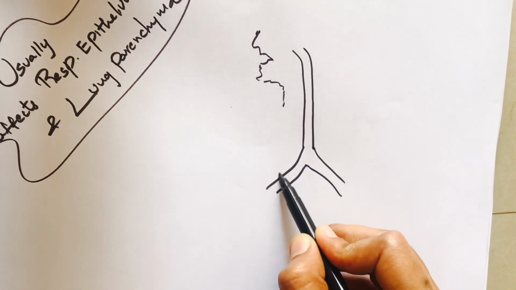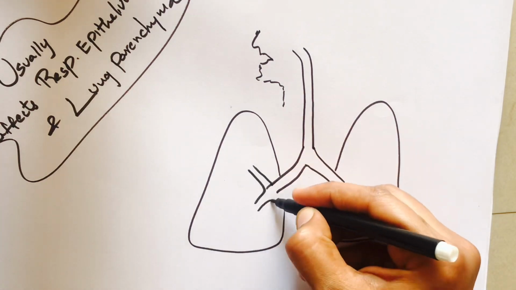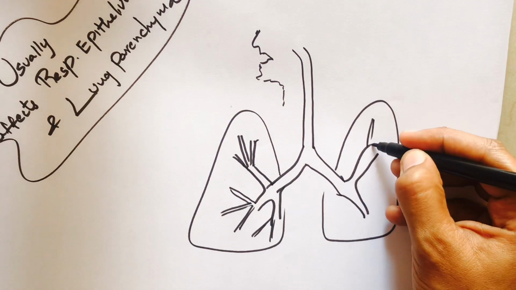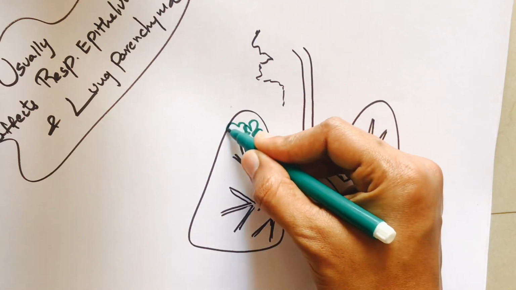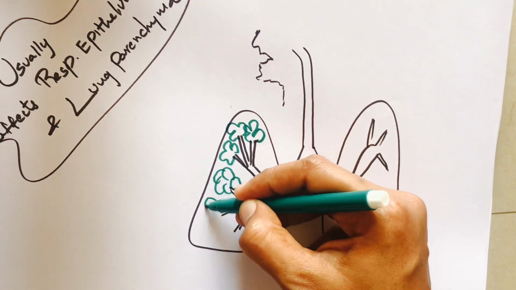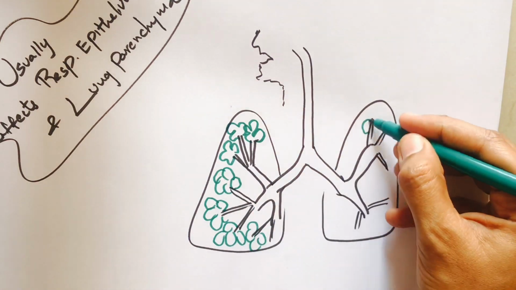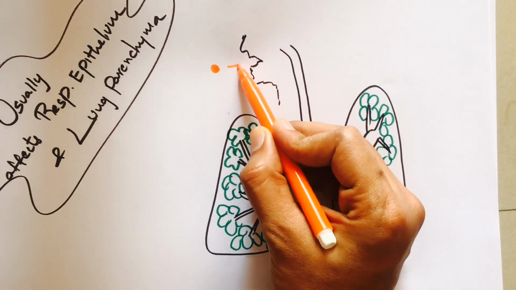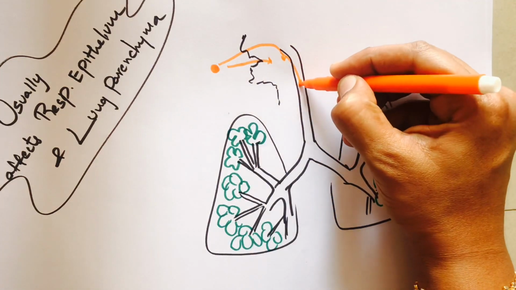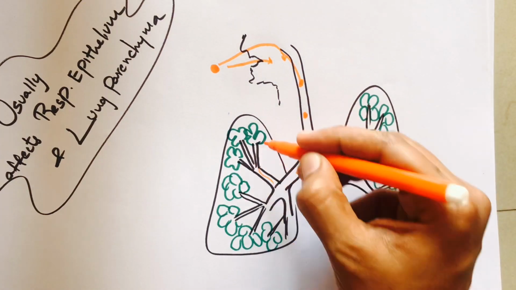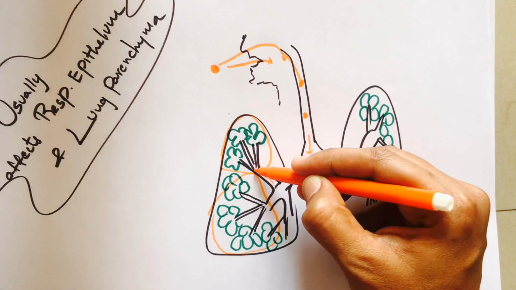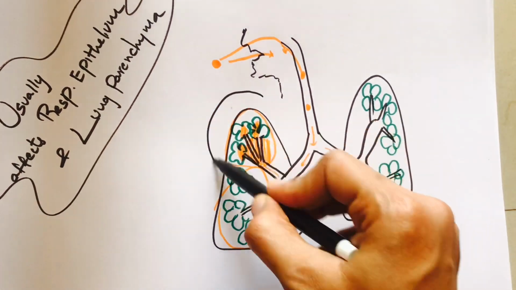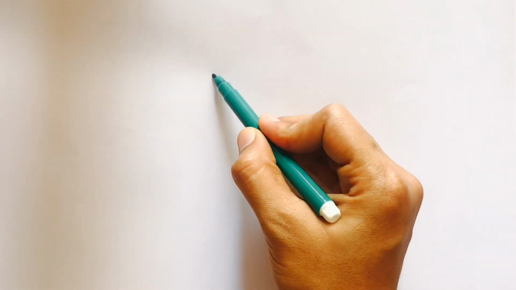The virus mainly affects the respiratory epithelium and lung parenchyma. As assessed by immunofluorescence staining, the ACE2 protein receptors are abundant in the apical part of bronchopulmonary segments. So when this coronavirus is inhaled through droplets, it affects the terminal bronchiole and the alveoli.